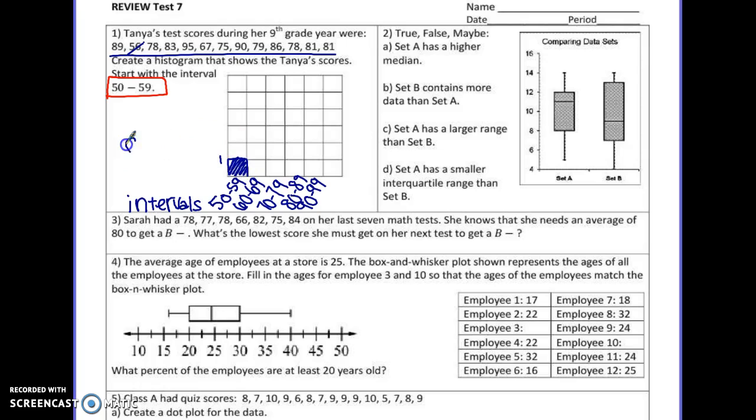This is the frequency. That means how many scores were in each interval.